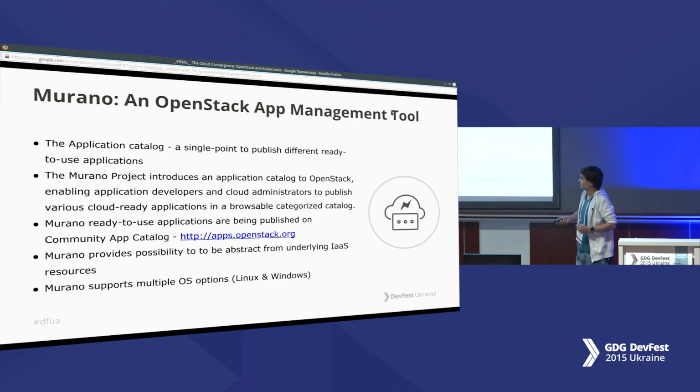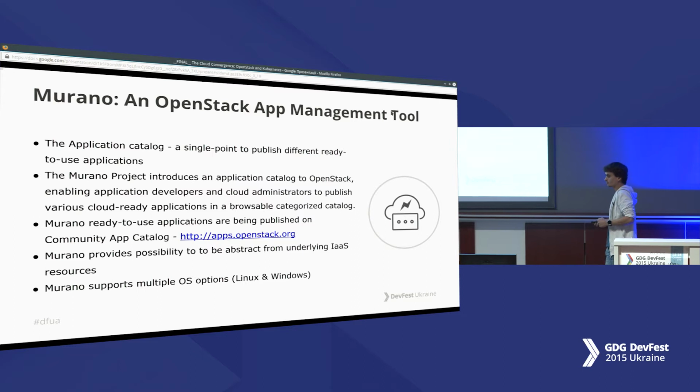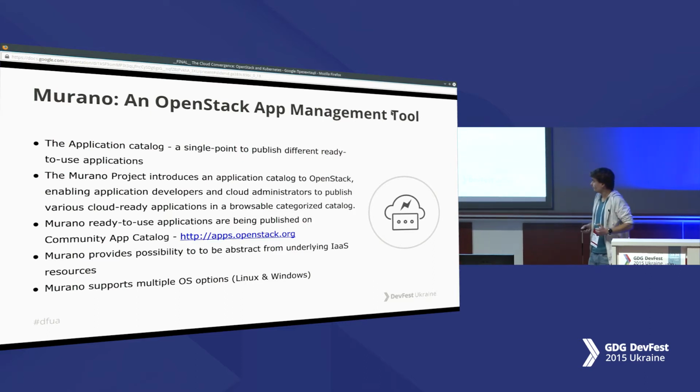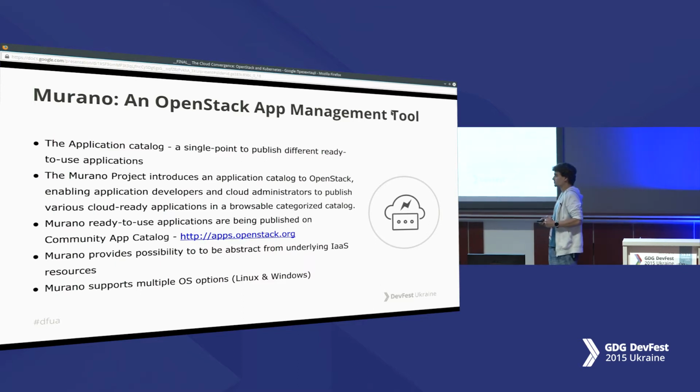This catalog is located at the website apps.openstack.org. So there are a lot of different applications, and maybe every half a year, there are more and more of them. Murano works as a proxy, as a divider between the underlying infrastructure level, so OpenStack itself, and the level where applications are located.